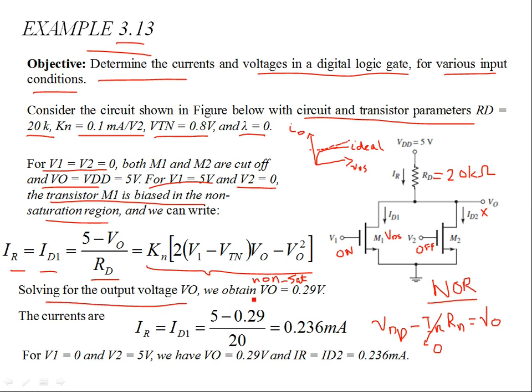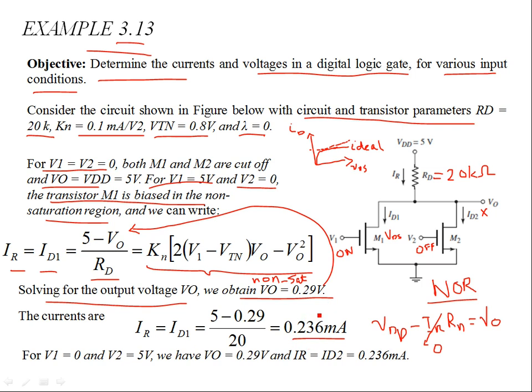Solving this for V naught, we obtain V naught as 0.29 volts. Then you plug this V naught back in the equation for the current, and you find ID1 and IR at 0.3236 milliamps. Okay, so this is your Q point. This is where the transistor M1 is biased, and this is non-sat.